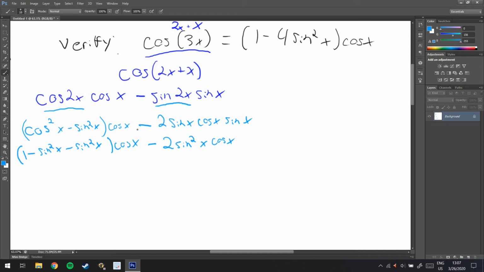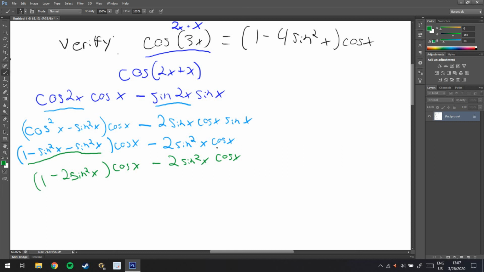So now this, inside the parentheses, will simplify to 1 minus 2 sine squared x times cosine of x. And then minus 2 sine squared x cosine of x.